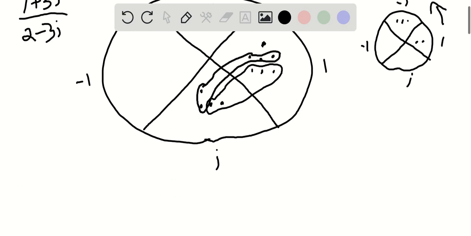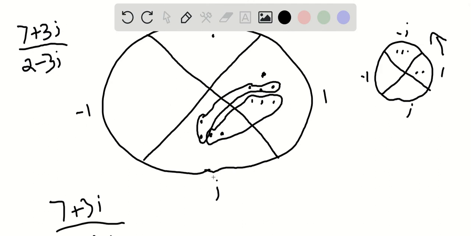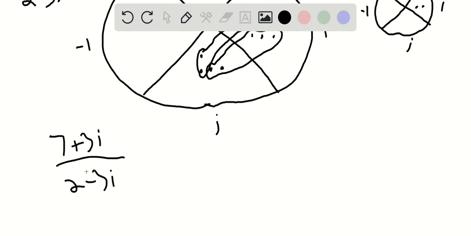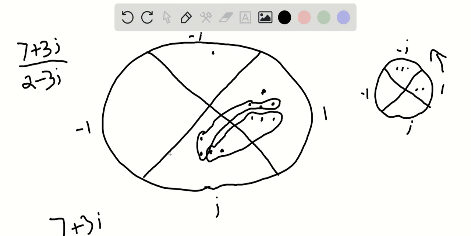So it's looking like we're saying that 7 plus 3i divided by 2 minus 3i looks like it's equal here, right? We can just see it. We have 2 i's. This is going to be equal to what? Well, 2i, but then plus some kind of dots left over. That's our remainder.